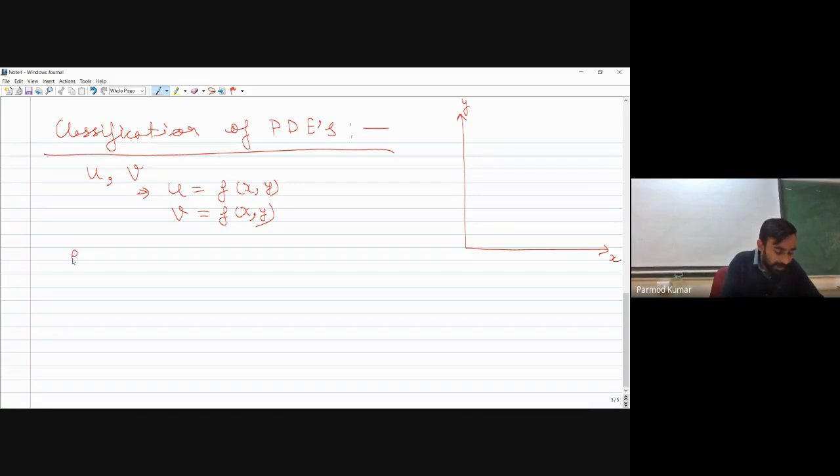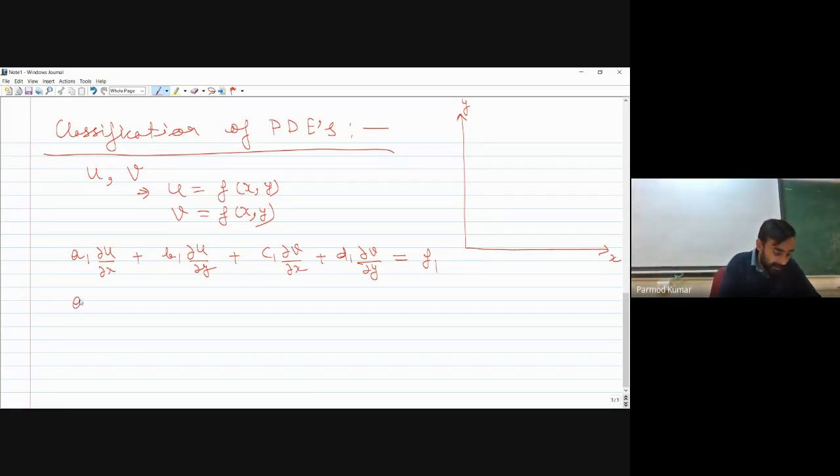Now, let us consider that to specify the behavior of this two-dimensional flow field, we have some governing equations. Let me write the governing equation as A1 into del u by del x plus B1 into del u by del y plus C1 into del v by del x plus D1 into del v by del y, equal to F1.